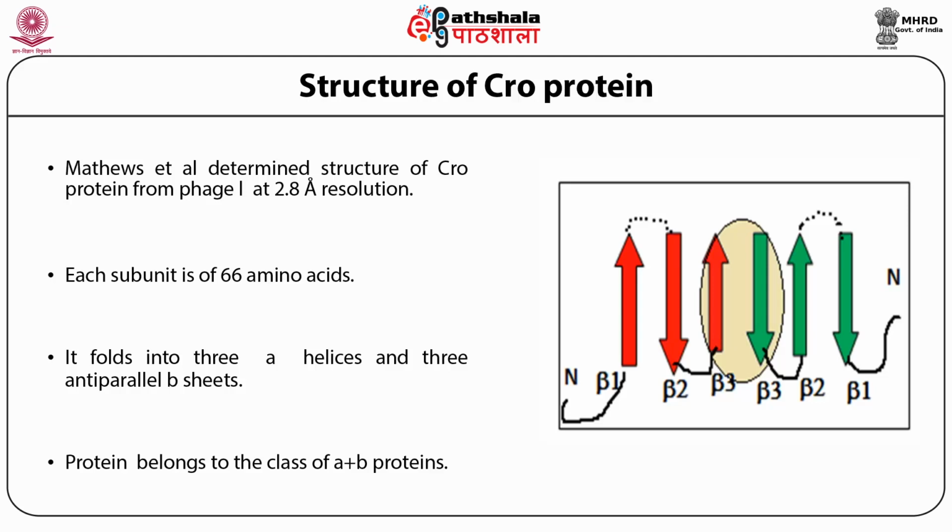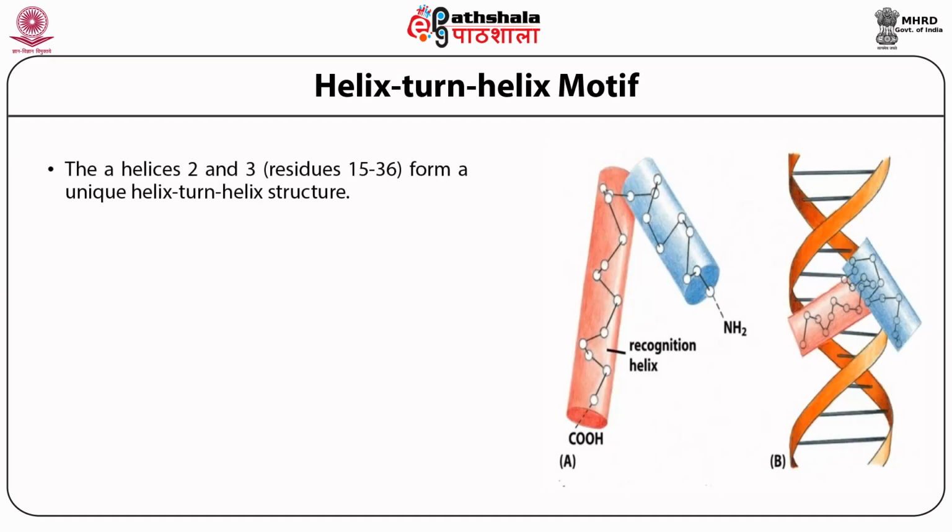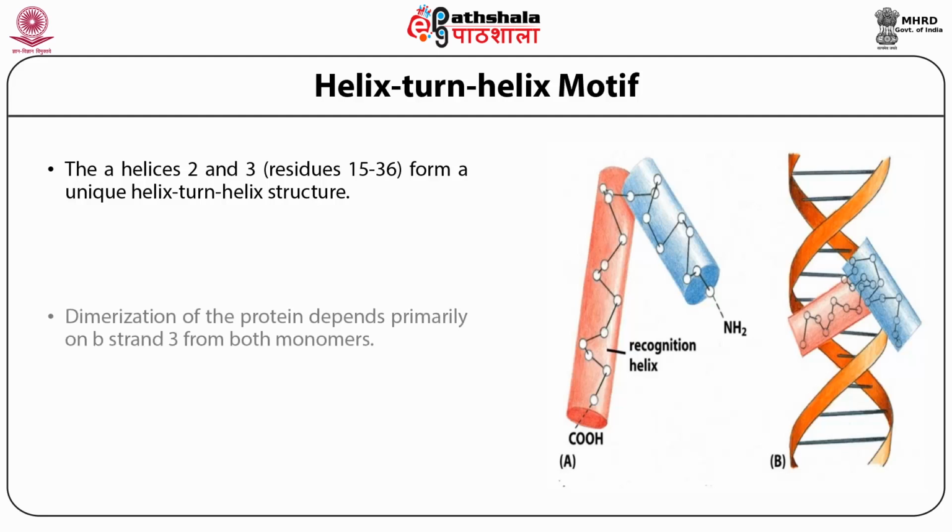the beta sheet region from the two subunits, beta 1, beta 2, beta 3 and beta 1, beta 2, beta 3. The alpha helices 2 and 3, residues 15 to 36, form a unique helix-turn-helix structure.